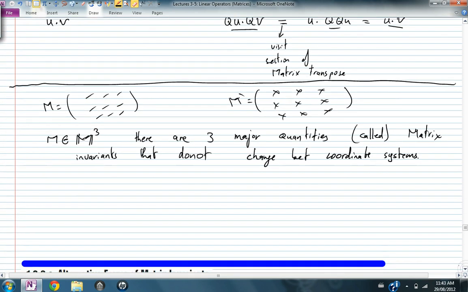And the first invariant is called I1 of M, which is called the trace of M, which is equal to M11 plus M22 plus M33.